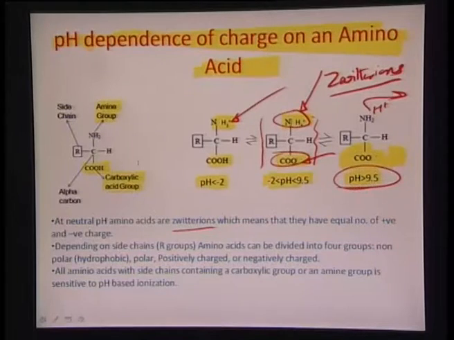Depending on the side chains, or this R group here, this is very critical. The R group may be polar, may be non-polar, and depending on its nature, there is a tendency of proteins to change their shapes and sizes by folding.